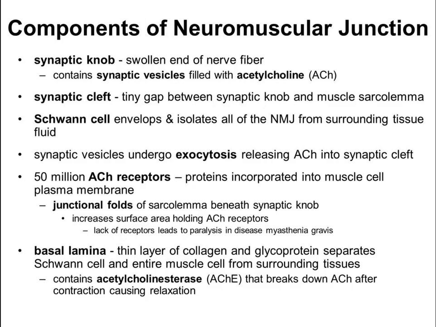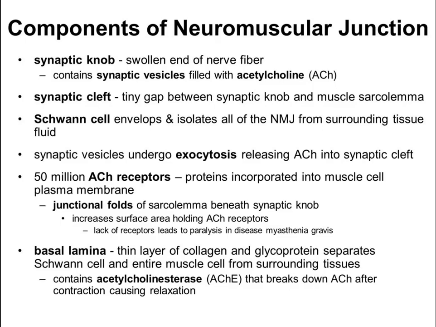There is also a basal lamina, which is a thin layer of collagen and glycoproteins that separates the Schwann cell and the entire muscle from the surrounding tissues. These contain acetylcholinesterase. ASE on the end of that means it is an enzyme, and this actually breaks down the acetylcholine after contraction, which then causes relaxation.